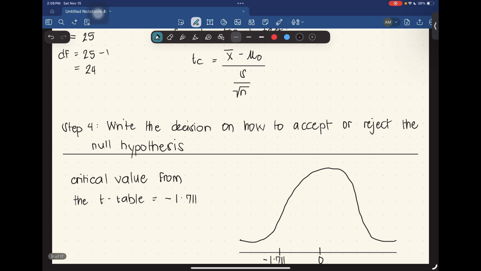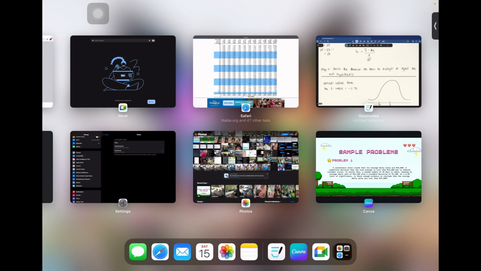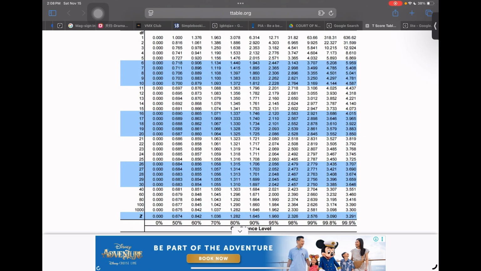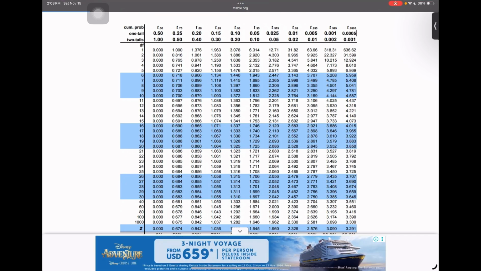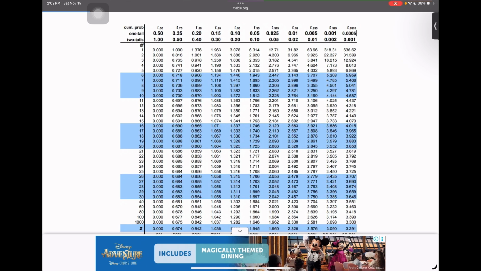For our step 4, write the decision on how to accept or reject the null hypothesis. To get the critical value of our t, we will use the t-table. Our degree of freedom is 24, while our level of significance is 0.05.